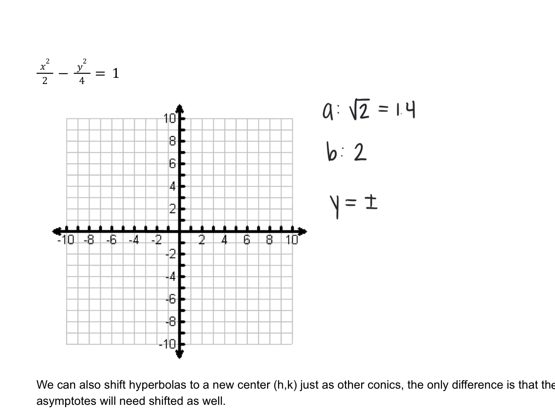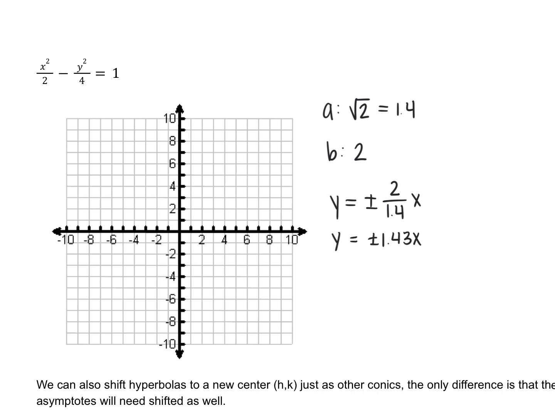And because y comes second, it's going to be b over a, which is 2 over 1.4 x. And because I'm actually graphing it here, 2 over 1.4 is not a nice number. It's plus or minus 1.43 x.